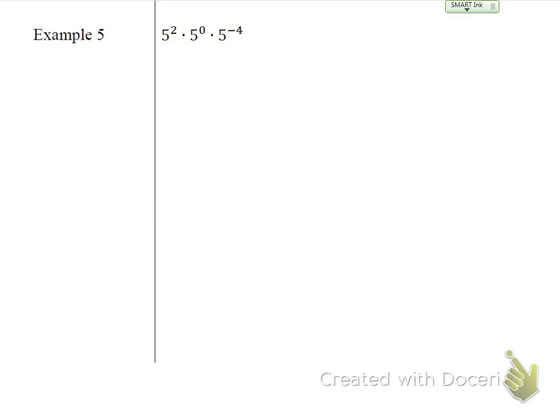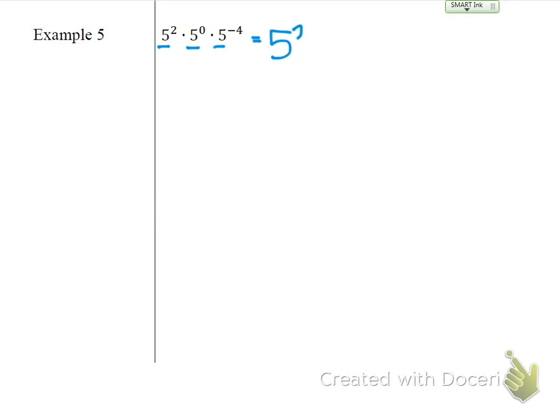So example 5. We have 5 to the 2nd times 5 to the 0 times 5 to the negative 4th. What do you guys notice about this problem? There's a negative. What else? There's a 0. What about the bases? They're all the same. So we can multiply these, right? What would we end up doing with the exponents? Adding them.